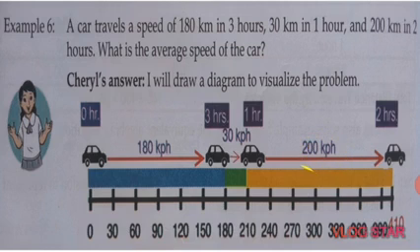So it means that 200 kilometers in 1 hour. So for us to solve for the average speed, just add the distance traveled divided by the total time. So let's solve this one.